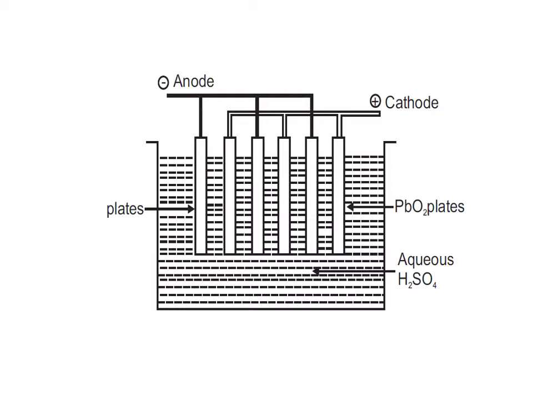For example, wood strips or rubber or glass fiber. The entire combination is then immersed in approximately 28 to 30% H2SO4 having specific gravity 1.2 gram per cm cube.